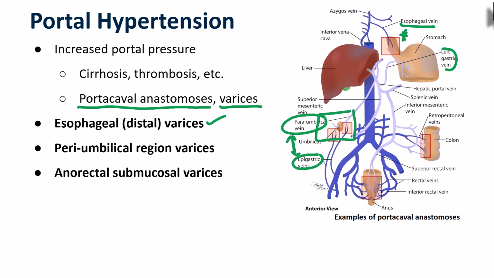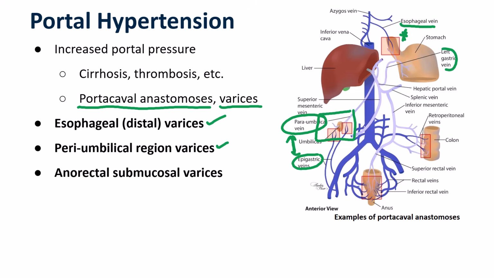And this is a phenomenon that people refer to as caput medusae because it looks like the head of Medusa on an anterior aspect of an abdomen. These can form for a variety of reasons, but they tend to not be as diagnostic as the esophageal varices.